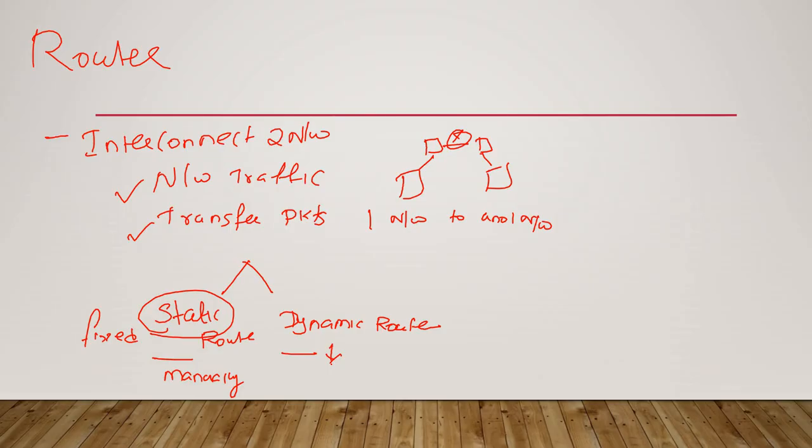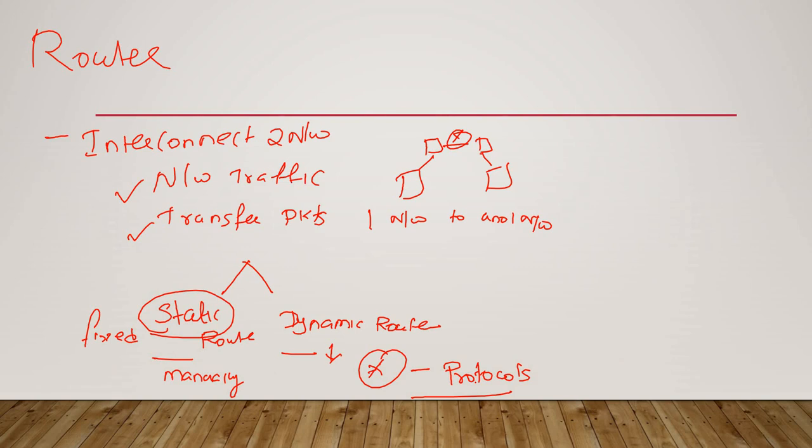Dynamically, the routes are going to change based on the situation. For this type of routing, we need some protocols. That is what we are discussing under the network layer routing protocols. Only under dynamic routing do these protocols work.